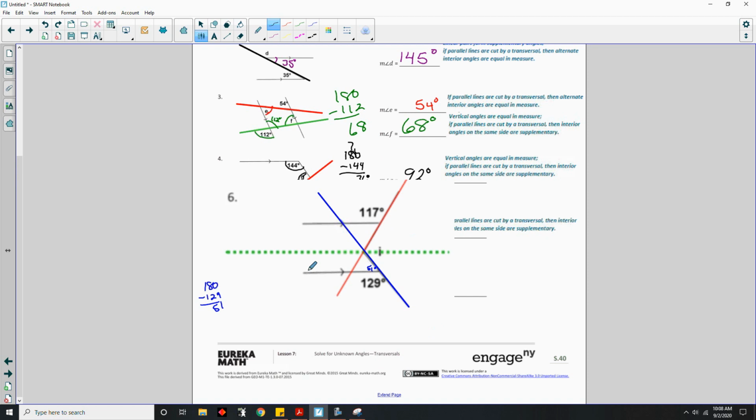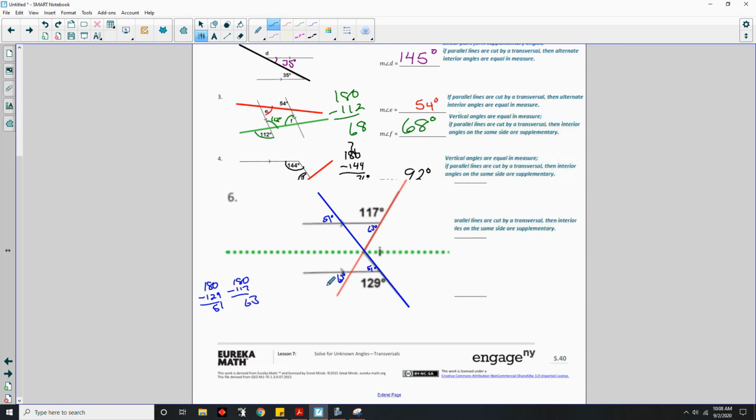Okay, up here, 180 minus 117, 10 minus 7, 3, 7 minus 1, 6. That is 63 degrees. Okay, if this is 51 degrees, this is a transversal. So if this is 51, this is 51. If this is 63, this is 63.